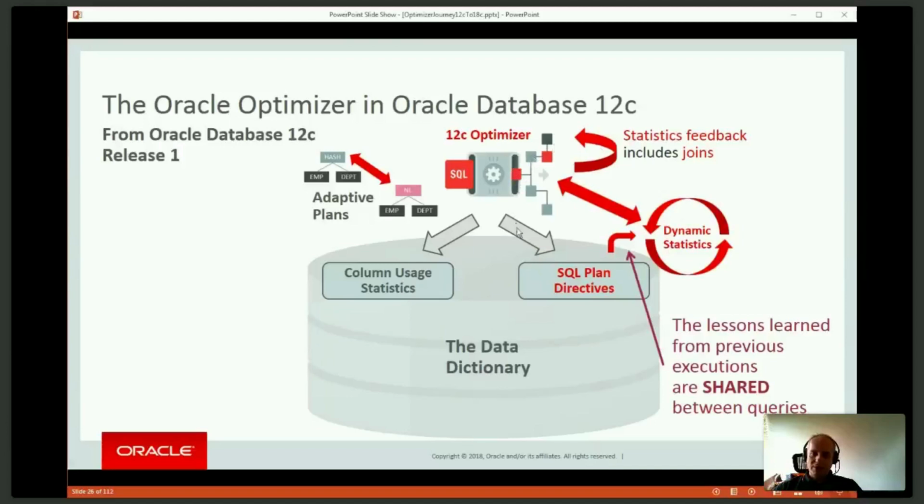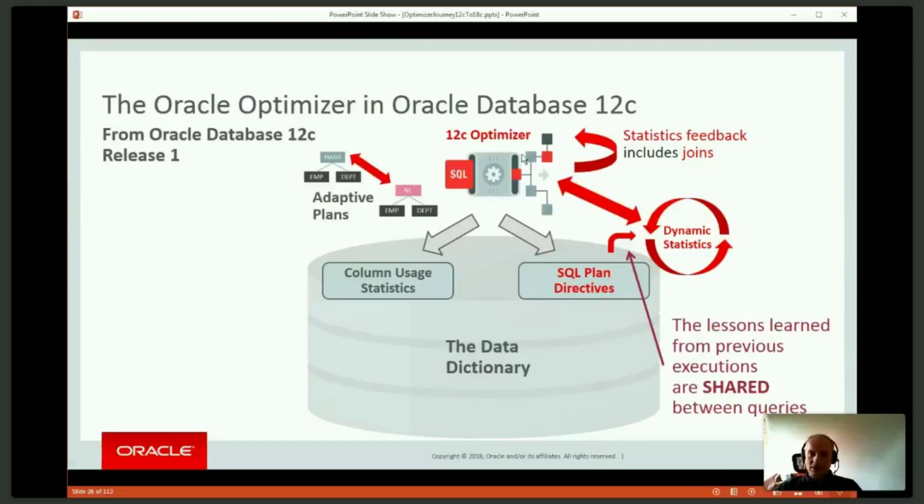So you have the optimizer, which feeds into SQL plan directives. What happens at parse time is that a query comes in, and we look at SQL plan directives. If it has SQL plan directives that are relevant to the query, the optimizer can then issue dynamic statistics queries and figure out how it should improve the cardinality estimates it's got. So in other words, the lessons learned from previous executions are shared between queries. Now, there are a couple of side effects which I'll talk about.